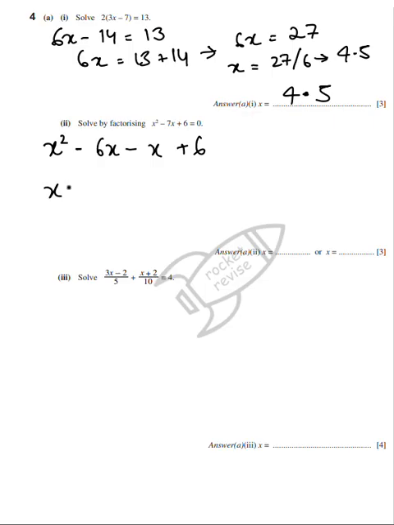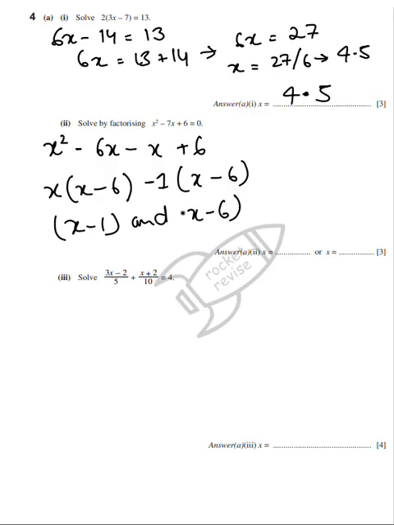Okay, let's take x common. X minus 6 minus 1 will be common, x minus 6. So we have the two factors, x minus 1 and x minus 6. Now x minus 1 equals 0, so the value of x is 1, and x minus 6 equals 0, the value of x is 6. 1, 6. Free of cost 3 marks.